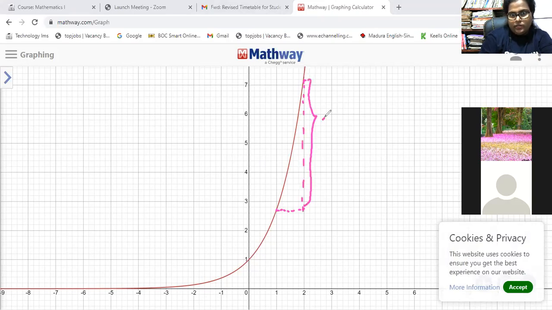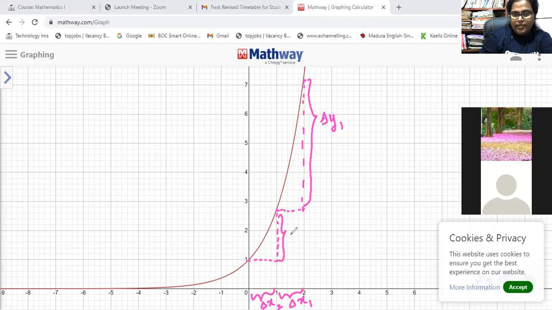So take this one as delta y1 for this delta x1, right? And when you take this interval as delta x2, from zero to one, right? So you have to consider this interval, and this is the increment for this interval.